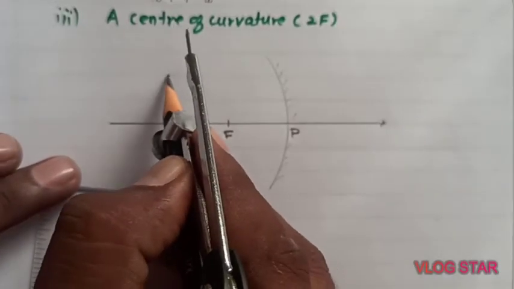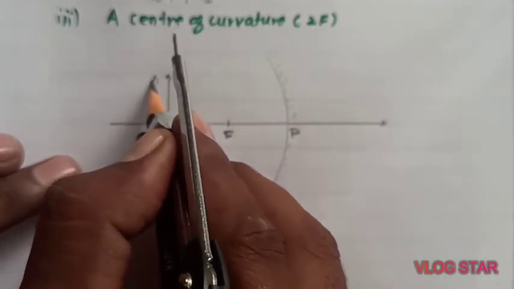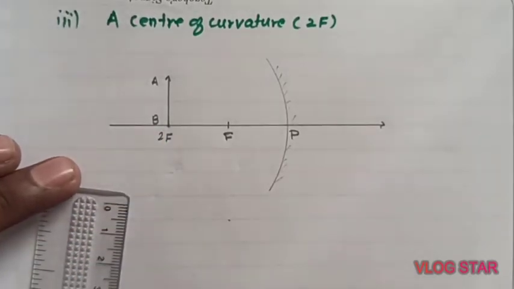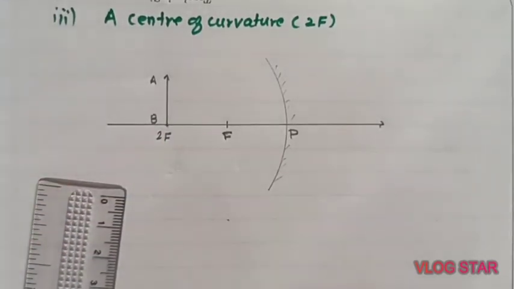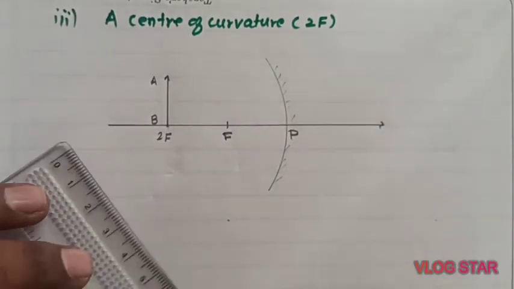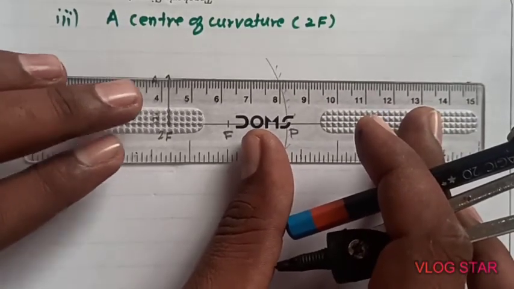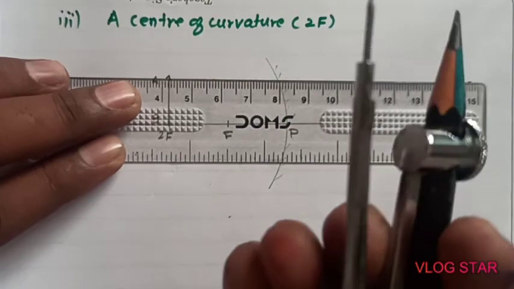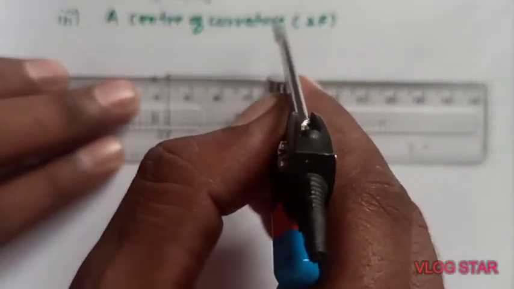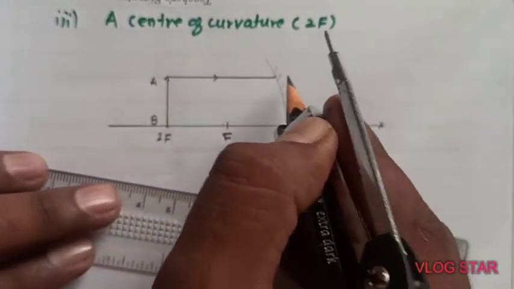Okay, so this is AB, this is A and the base is B. The rule says I want to take 2 rays incident from point A. First rule, if the incident ray is parallel to the principal axis, be careful, it should be exactly parallel.